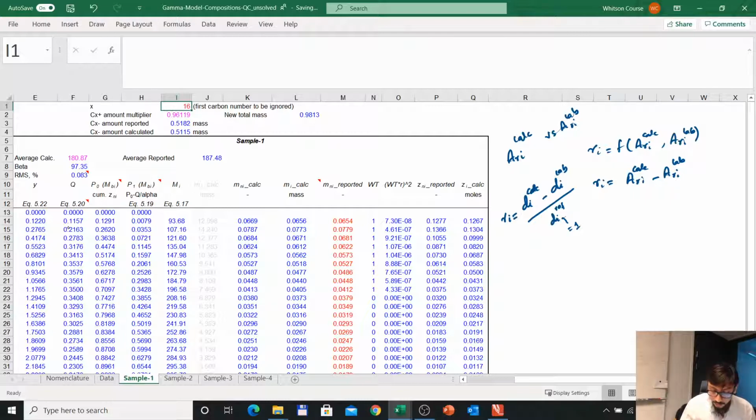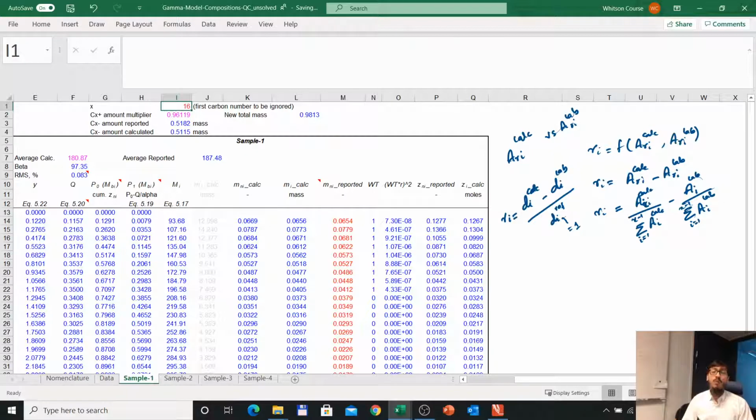But then we can also write it like this, minus, so that should be lab and that should be calculated. So you can write a residual like this.